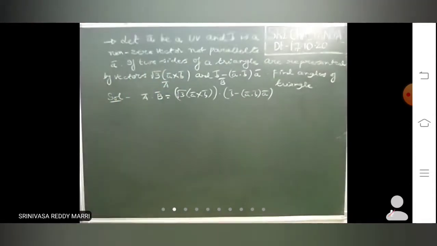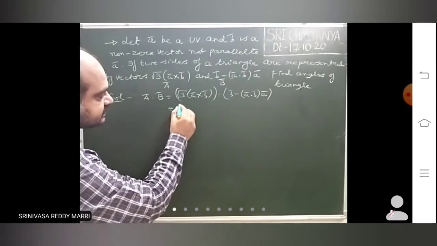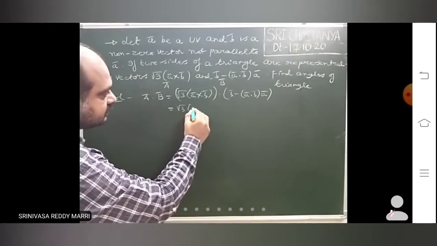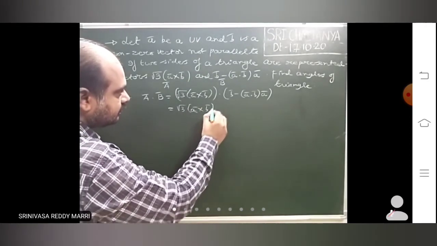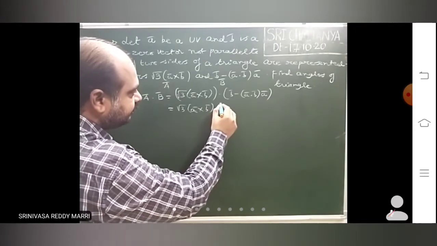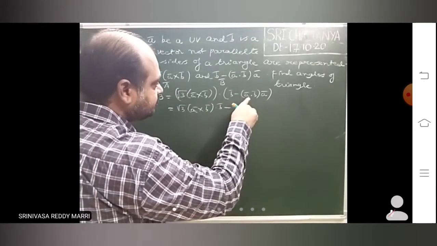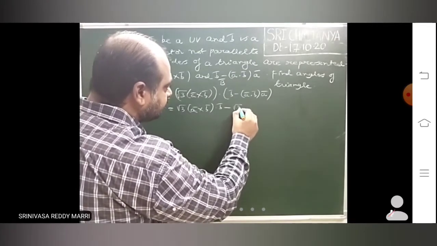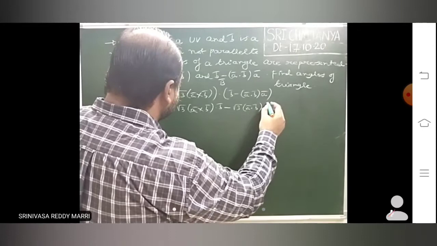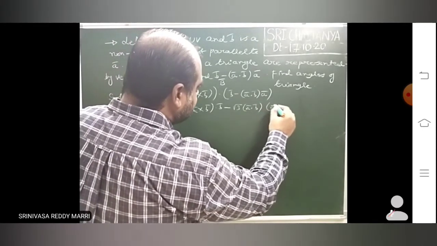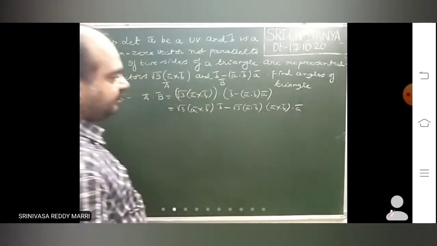So therefore, root 3 into A bar cross B bar dot B bar minus, root 3 into A bar dot B bar is also scalar outside, into A bar cross B bar dot A bar.